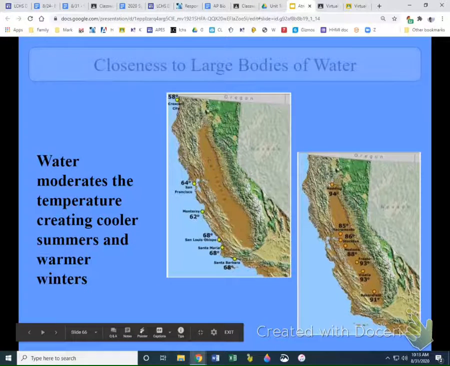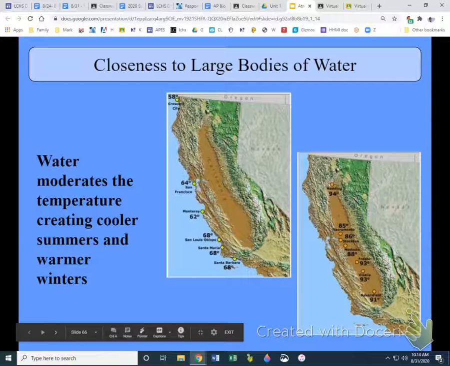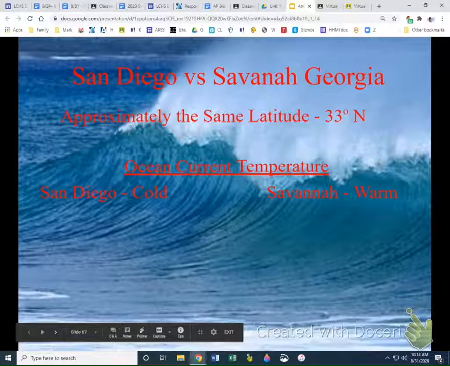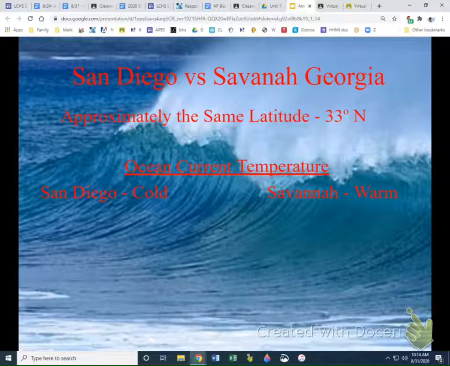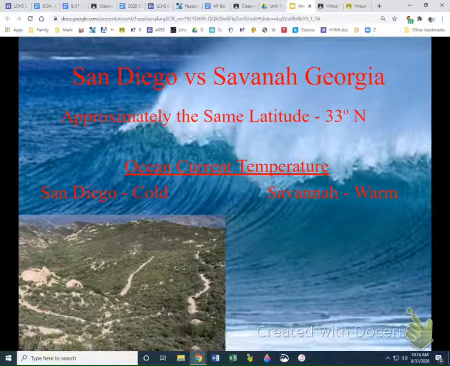So, closeness to the water has something to do with it. Also, the temperature of the water has huge effects on it. For example, in San Diego, like what it is out in LA, the ocean's surface currents are very cold. Whereas if you're in Savannah, Georgia, they're very, very warm. And because of that, it changes the climate.